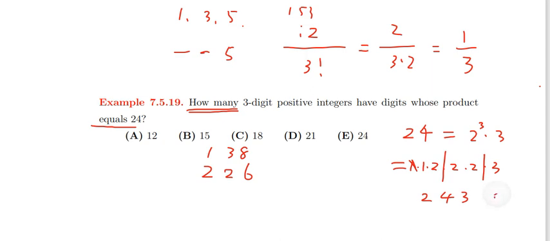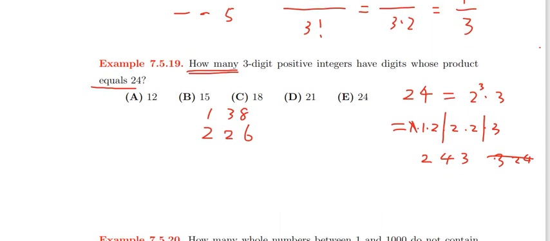We also can have 3, 2, 4, right? So this problem, let's check all of them: if we use these 3 numbers 2, 4, 3, the product is 24. But from these 3 digits, we can make 3 factorial numbers, right?